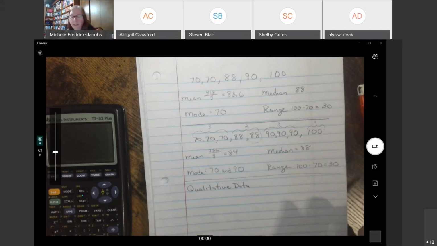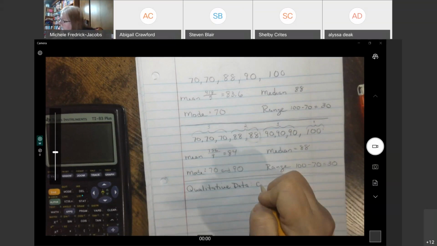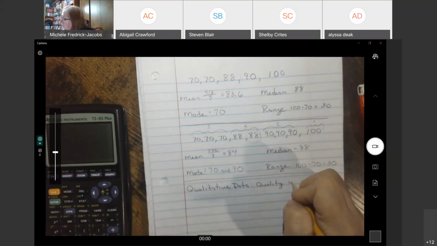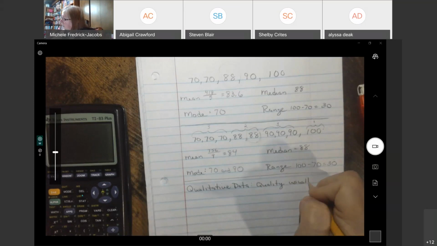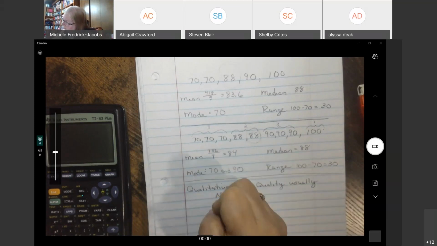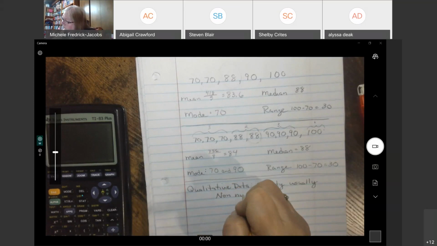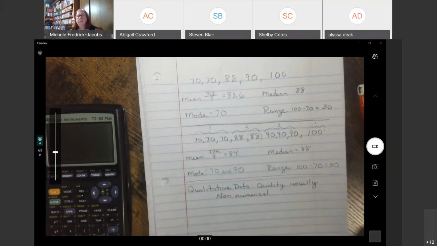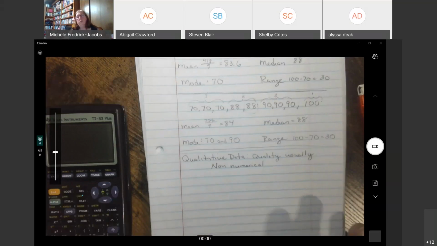Qualitative data is a quality. Usually non-numerical. There's a couple special cases. For the most part, it's a quality, it's not a number.